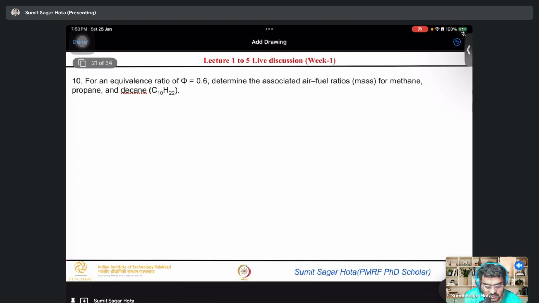Okay, so let's do the next one. For an equivalence ratio of 0.6, phi equal to 0.6, determine the associated air-fuel ratio in mass basis for methane, propane, decane.